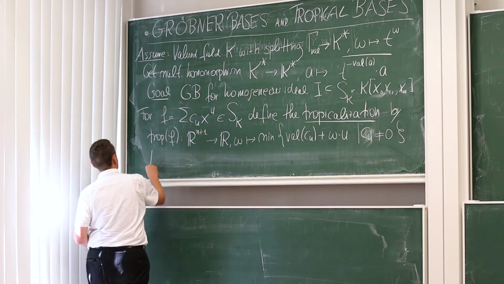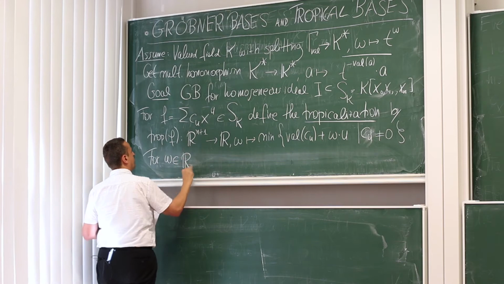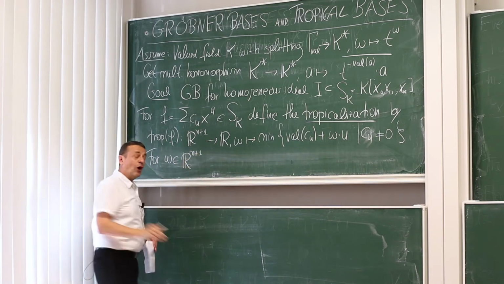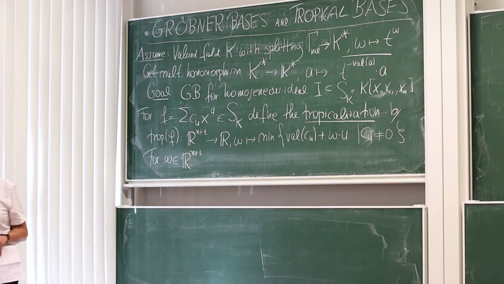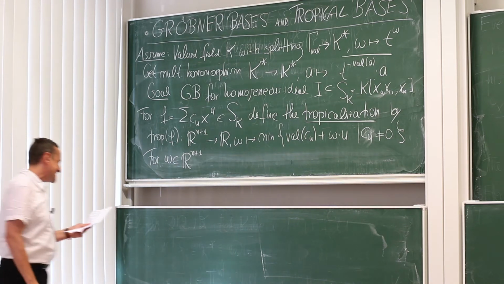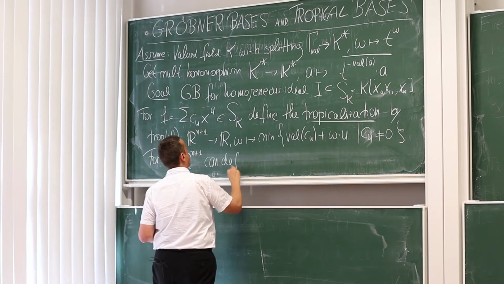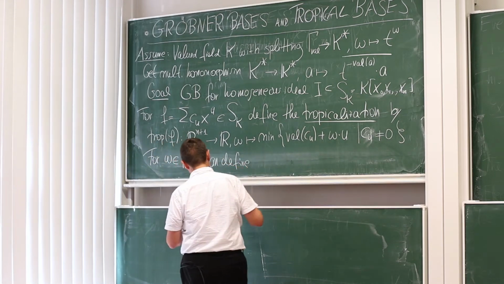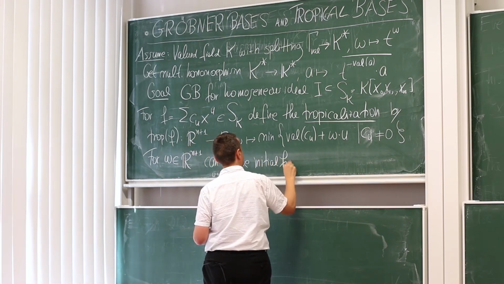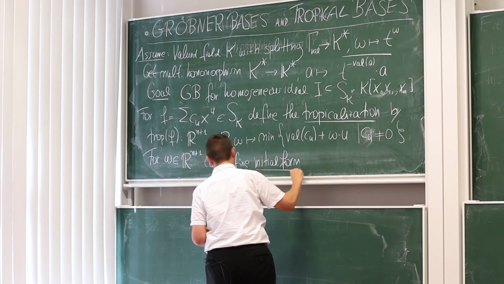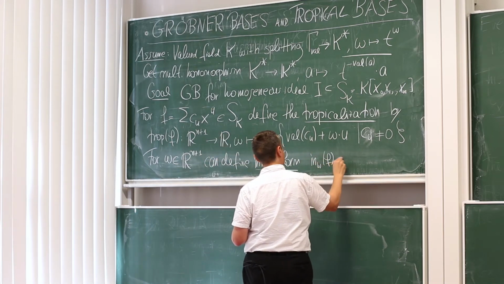Now, with this in mind, for every w in R^(n+1), even though its coordinates may not be in the value group, we can still define the initial form in_w of f.